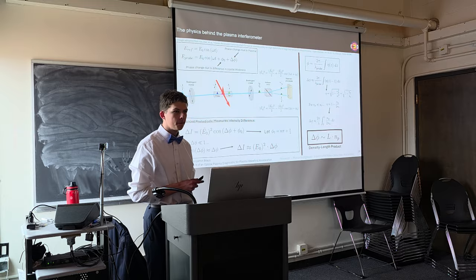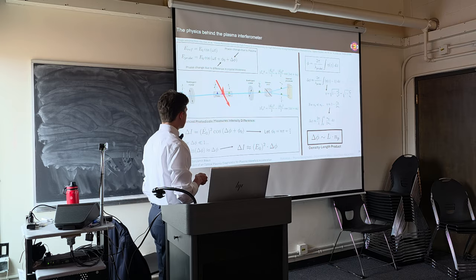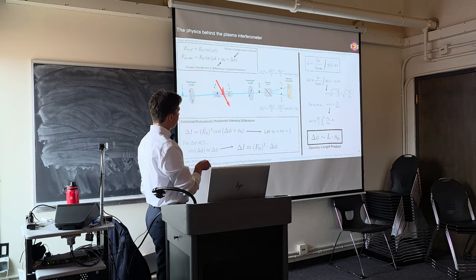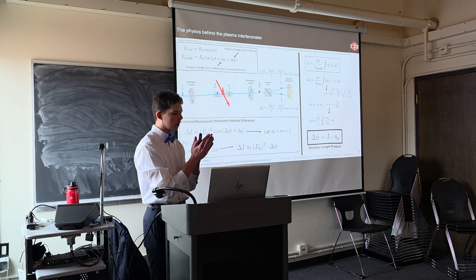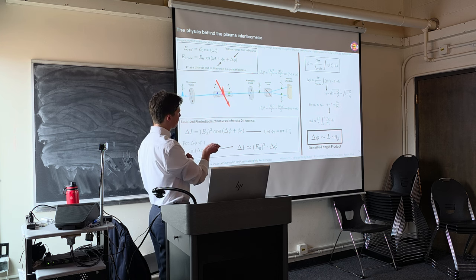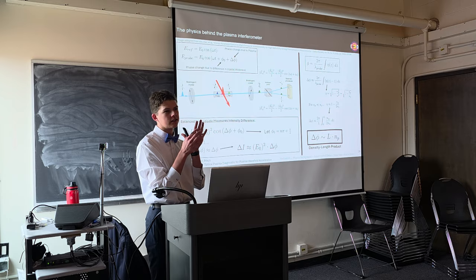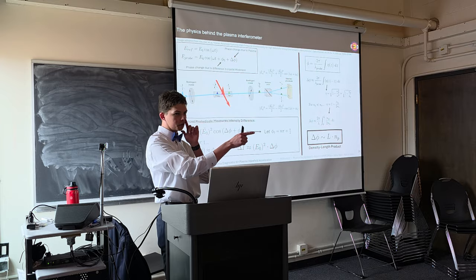Yes, so the question was about the birefringent crystals. Yeah. So for this, we have these thick birefringent crystals. We have some additional birefringent crystals that we can rotate slightly, and thereby increase the distance that the pulses have to travel through those.